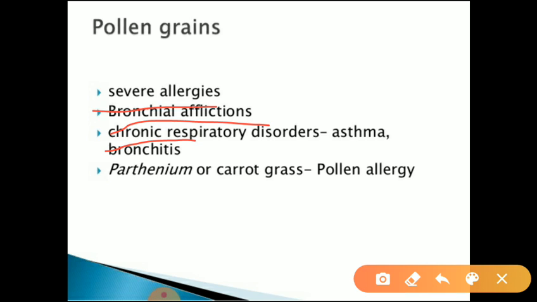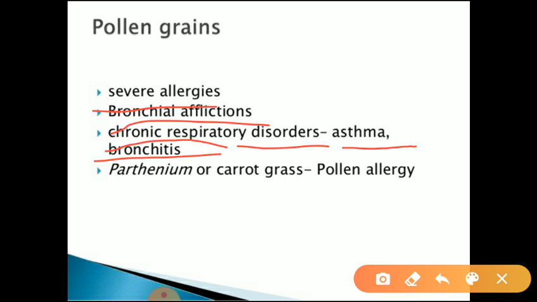Next, chronic respiratory disorders like asthma and bronchitis can be caused by pollen grain allergy. Okay, pollen grain allergy can lead to these chronic respiratory disorders. What are they? Asthma and bronchitis.